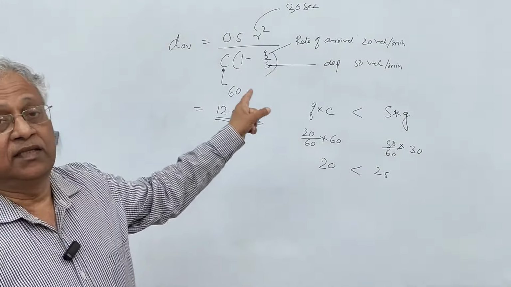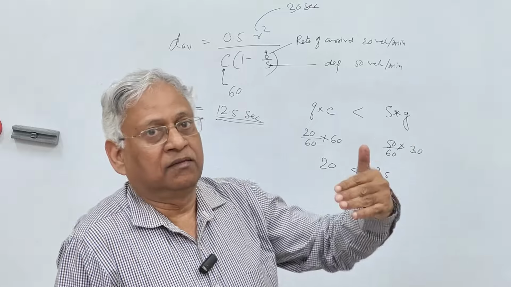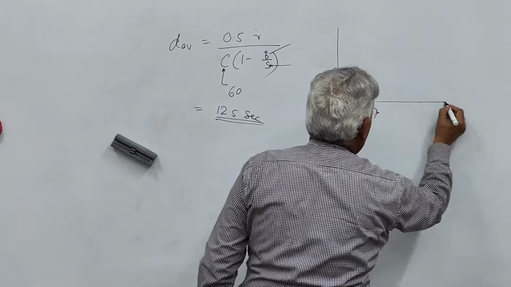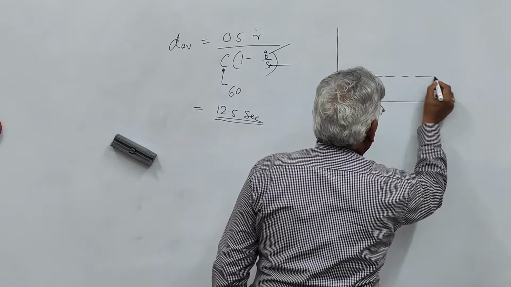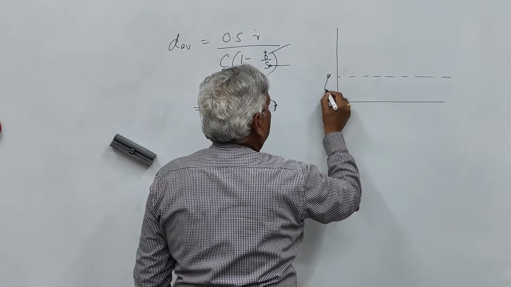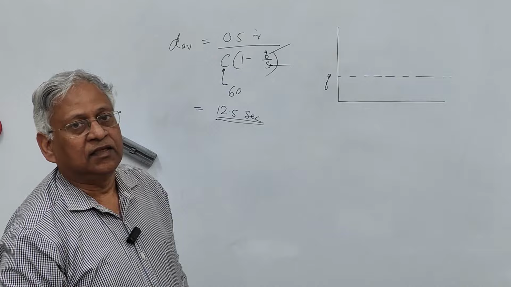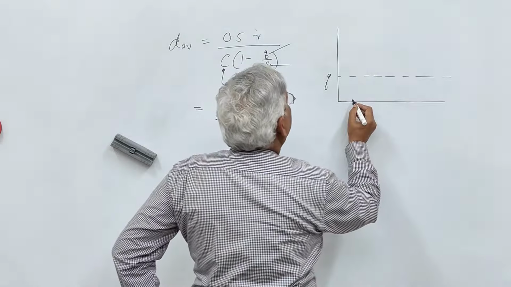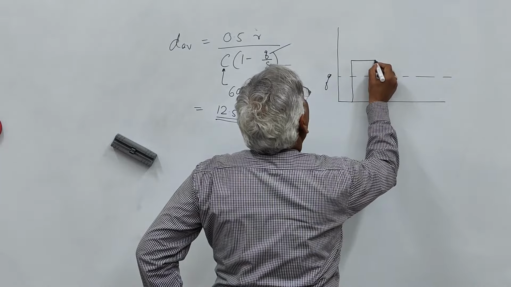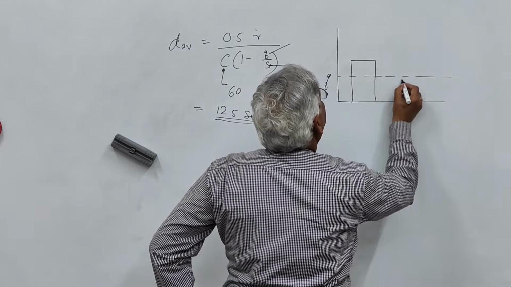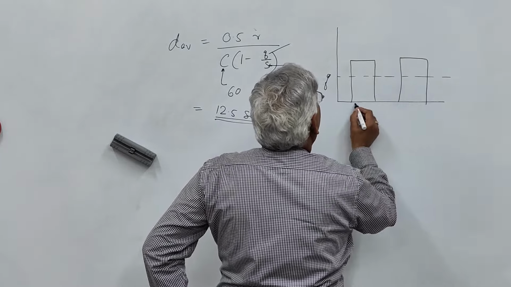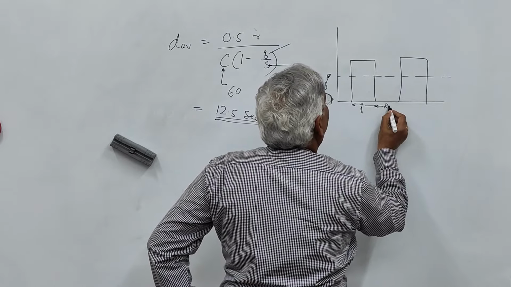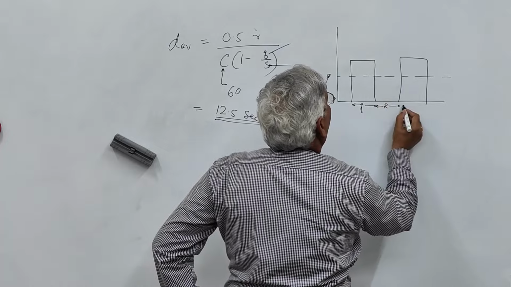If you do not remember this equation, then go again by the fundamental. At a signal control intersection, this is the rate of arrival Q, which is constant. This is constant throughout the time. The rate of departure is a step function like this, that during green time you have the maximum flow and during red time there is no flow.